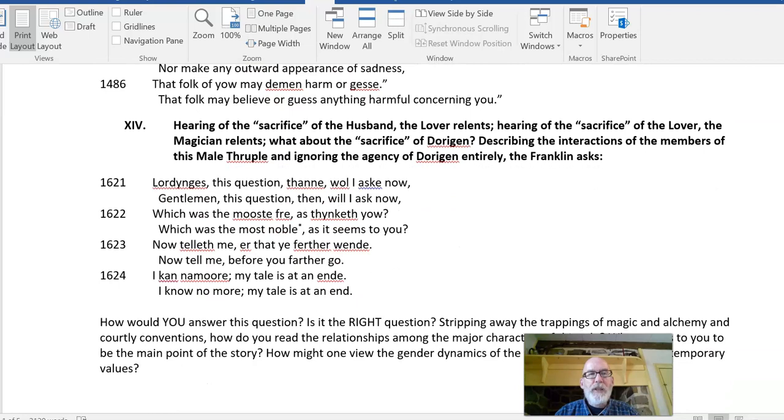And then in passage 15, the magician hears about the sacrifice of the husband and of the lover, and then decides he's going to show how noble he is. And this brings up this whole gendered discussion of these men talking about honor, and the body of this poor woman is at stake here.